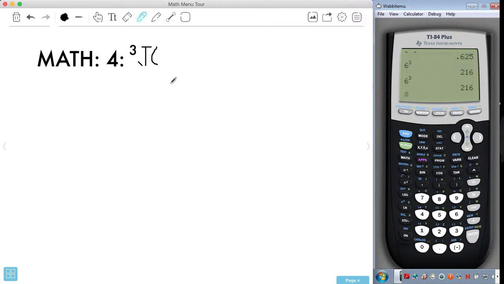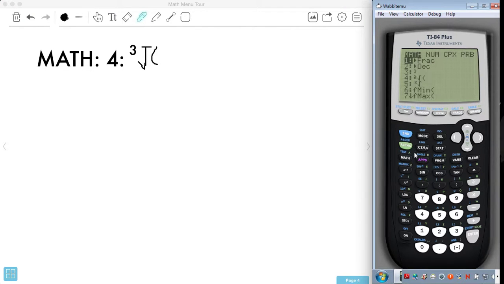The more important one is, and a little bit of my drawing went away here, that's supposed to look like a square root. The little square root symbol with a 3 beside it here actually means cube root. On your default calculator, you only have a square root function right above the squared. If you want to cube root a number, or do a higher root of a number, you need to head into the math menu.